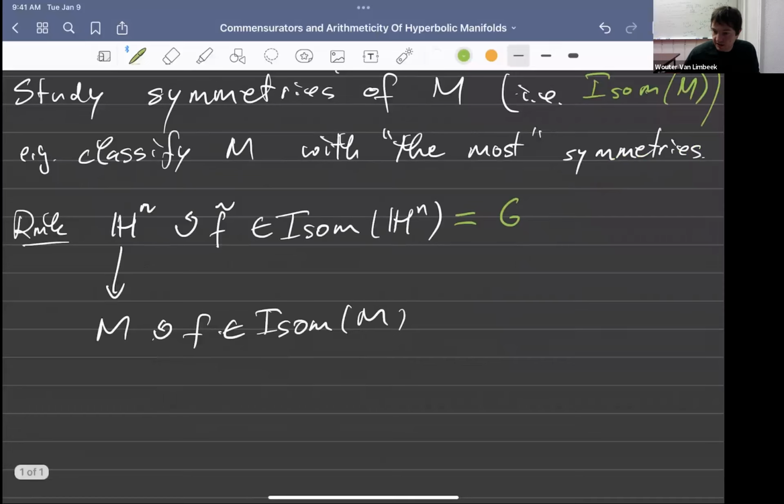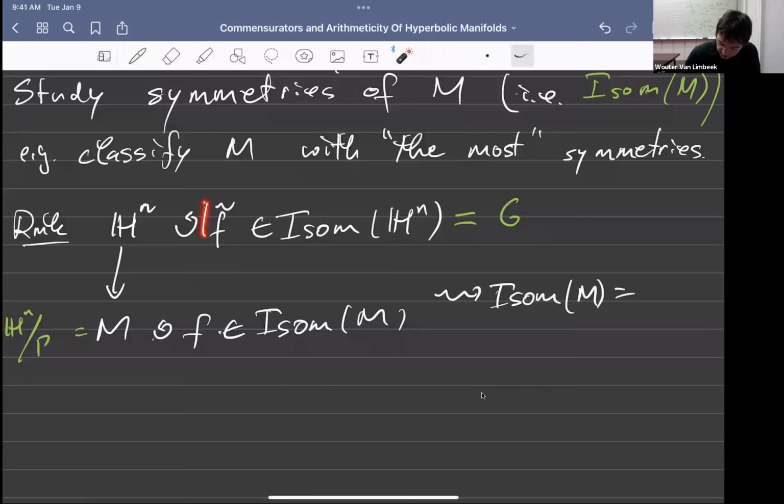And if we write M as hyperbolic space modulo some lattice, then the isometry group of M consists of certain elements of G, which are these lifts.